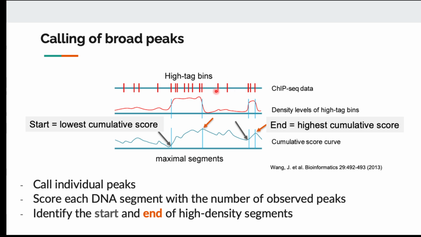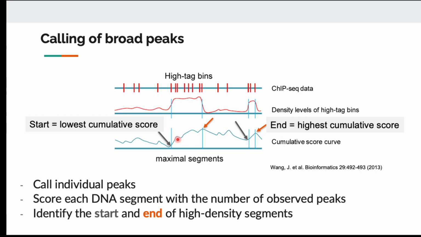And when you enter a sparse region again, the score will drop. Up and then down, up and then down. And when you encounter a new high frequency region, the score will accumulate again. So with this idea, we can argue that if we focus on two specific locations, one where the score is lowest and one where the score is highest, we identify these 4 positions.